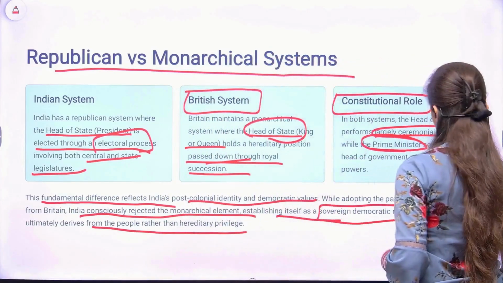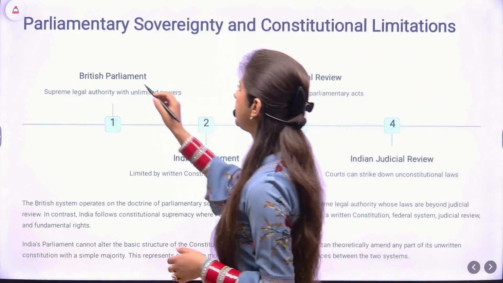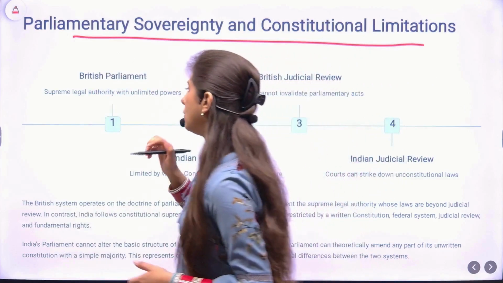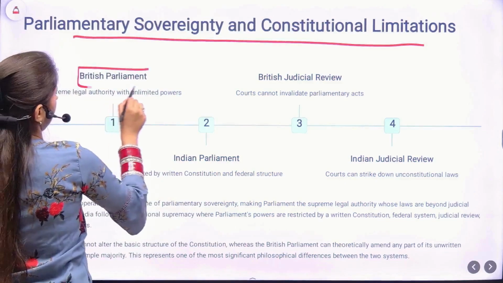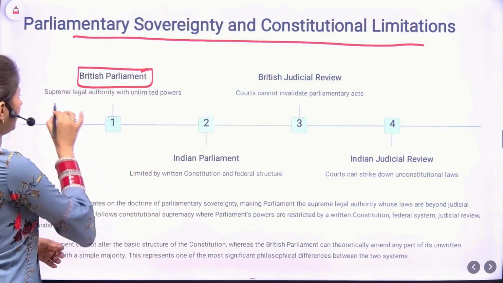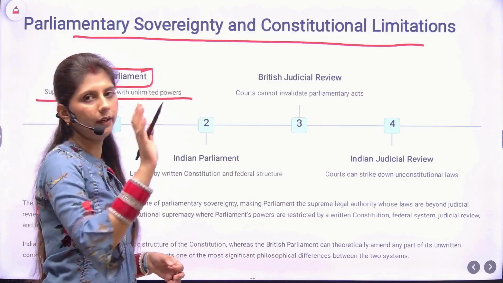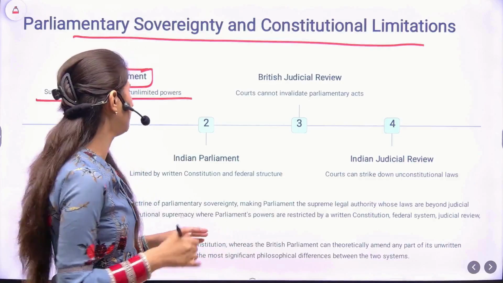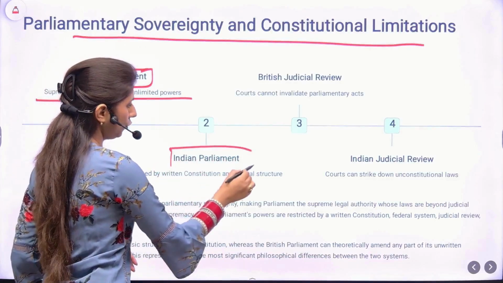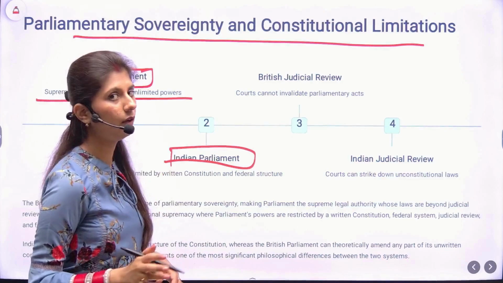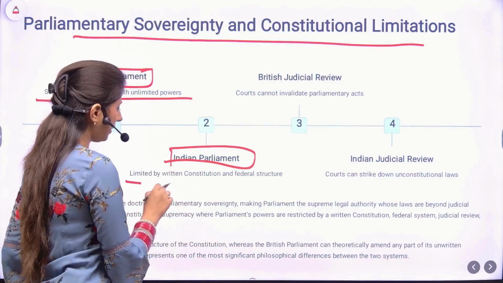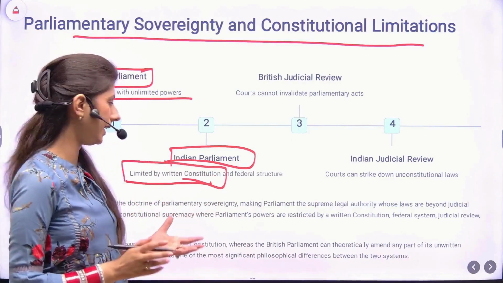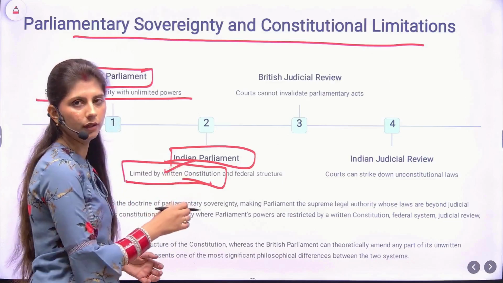The next parameter, parliamentary sovereignty and the constitutional limitations. So the British Parliament has supreme legal authority. They have unlimited powers. While in Indian Parliament, do we have unlimited powers? No. Why? Because the parliamentary powers are restricted, limited by a written constitution.